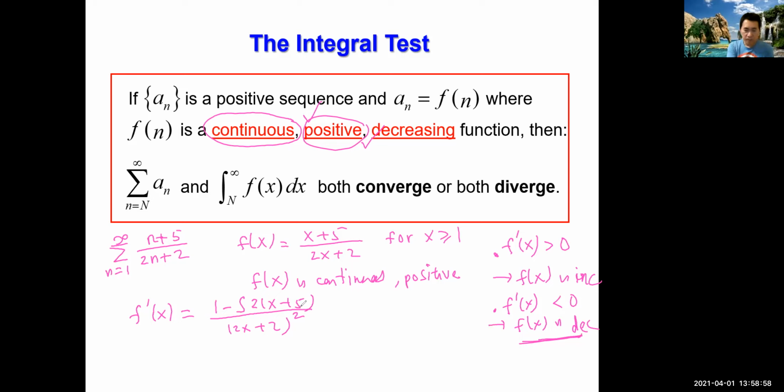Okay. Now, let's take a look. I forgot the derivative, so do the first.